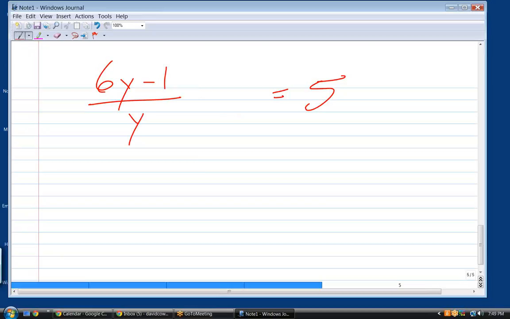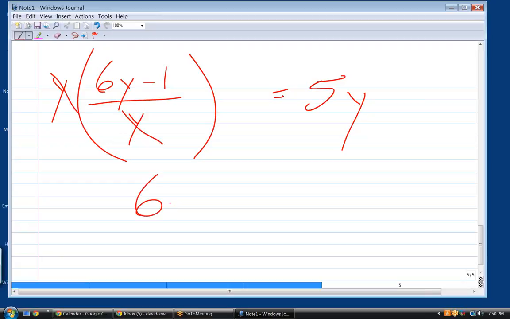What's the next step? Times 5 by y. Yeah, multiply both sides of the equation by y. Okay, well, when I multiply that side by y and that side by y, these y's cancel. So now I have 6y minus 1 equals 5y. We're getting closer. We don't have any denominators anymore. What's the next step?